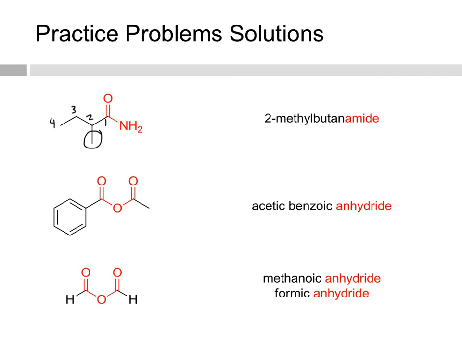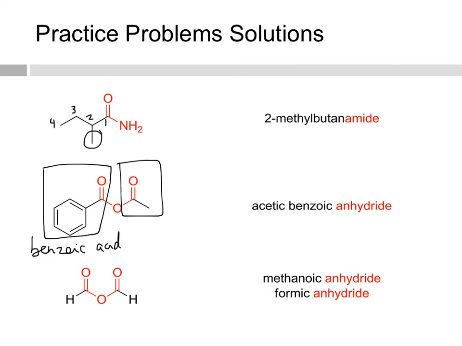In the next case, we've got a mixed anhydride. So this part comes from benzoic acid. This part comes from acetic acid or from ethanoic acid.